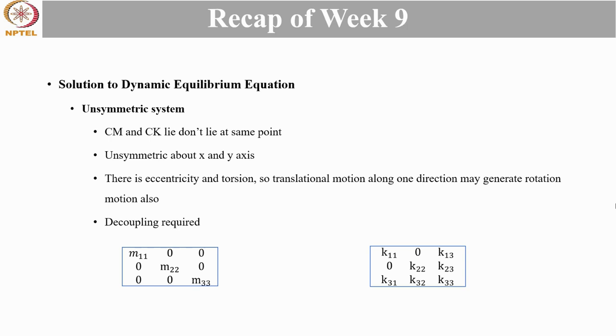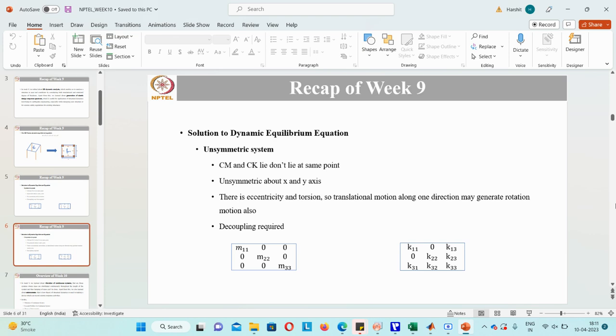In these systems, the stiffness matrix is not decoupled. Thus, it needs to be decoupled first and then solved, again by methods we are well aware of from the week 6 to week 8 content of the course. So you can see the mass matrix is decoupled, but the stiffness matrix is not a diagonal matrix. It is not a decoupled matrix.